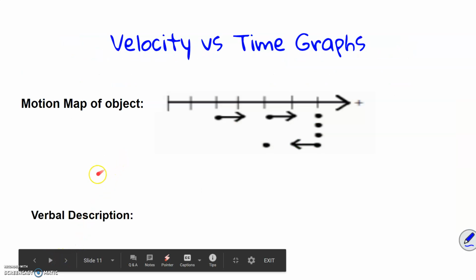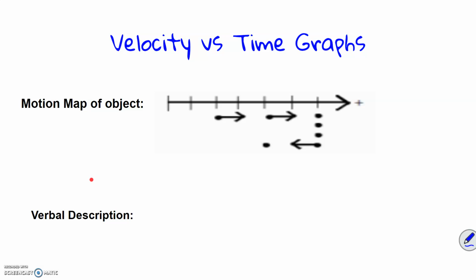So we're going to look at one more example here, and then we're going to go to a velocity versus time graph. How would we draw this, and what does some significant information on that graph represent? So if we were to look at this and do a verbal description, we would say our object is going to start at the 2 meter mark. Each one of these is a meter, so this is 0 meters.